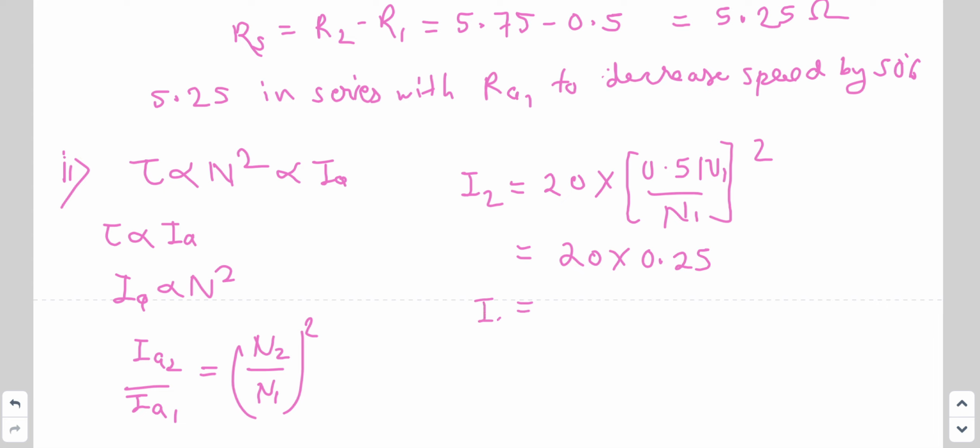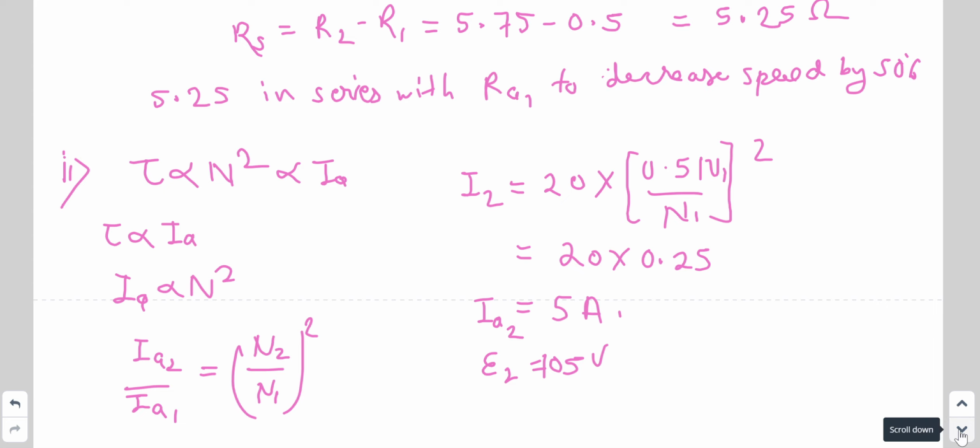So Ia2 will be equal to 5 ampere. Now the armature current is 5 ampere. So we have to calculate the resistance. Now, E2 will be the same because the speed is the same as in the first condition. So E2 will be 105 volt.